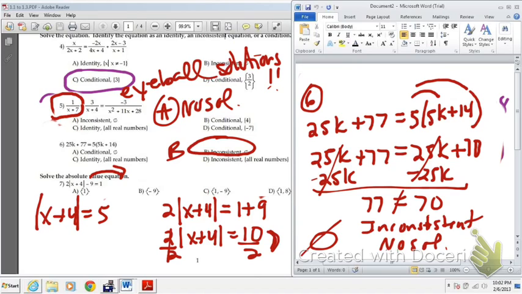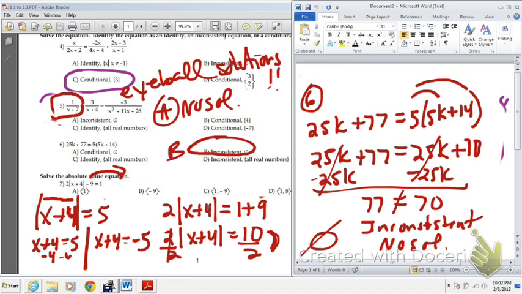But then the recipe said, in order to remove the bars, you would have to make 2 cases. Well, what are the 2 cases? Either x plus 4 equals 5, or x plus 4 equals -5. So basically the 2 cases are, whatever's inside the bars equals the constant, or whatever's inside of the bars equals the negation of the constant, the opposite of the constant.